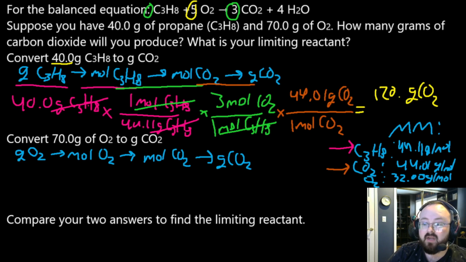So try to write out the first conversion from grams of O2 into moles of O2. If you feel comfortable looking at my example and you want to write out the whole thing, go ahead and do that. So in 1 second, we're going to see the first step up on the screen.